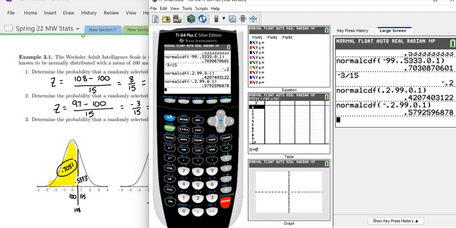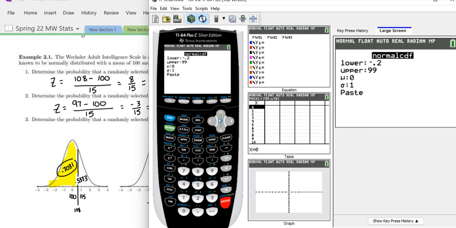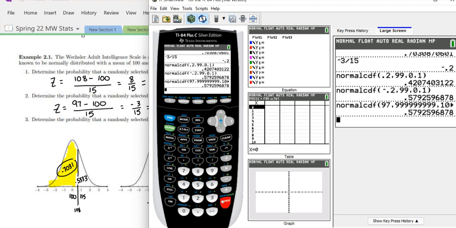So I could technically come here, leaving my values here, a lower limit of 97 for my value, my upper limit of 99, a mean of 100, and a standard deviation of 15, and it will do the same thing for you, so you don't have to find the z-score, but only if you're given a problem like that.